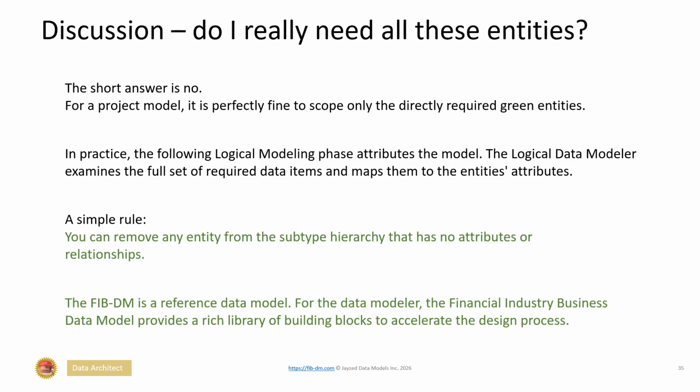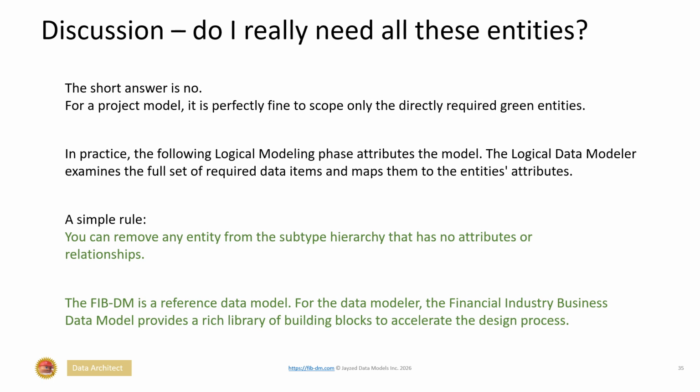Yeah, this question always comes up. Do I really need all these entities? And the short answer is no, you don't. Now, for a project model, it's perfectly fine to scope only the directly required green entities.